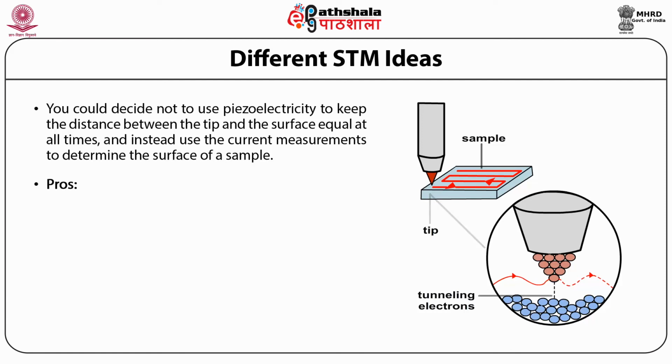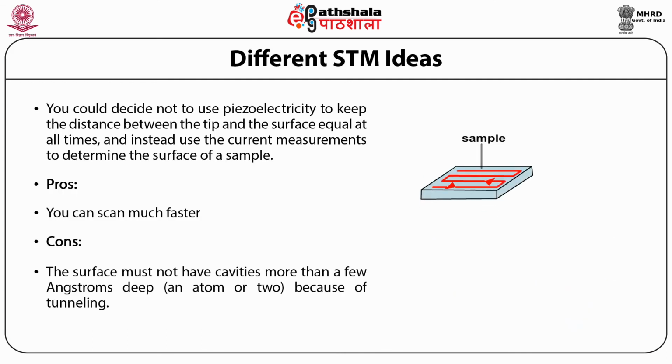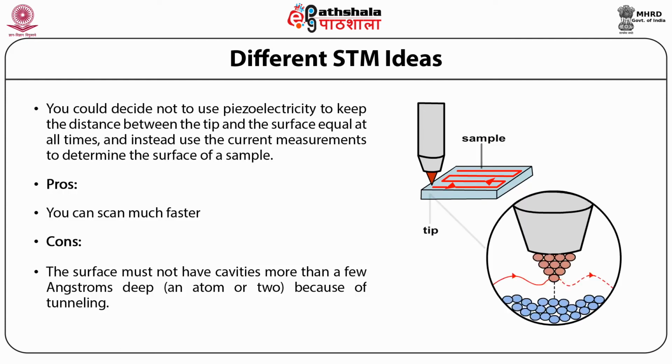So the pros or the advantages of STM is that you can scan much faster, but the cons or the disadvantages are the surface must not have cavities more than a few angstroms deep, that is an atom or two, because of tunneling.